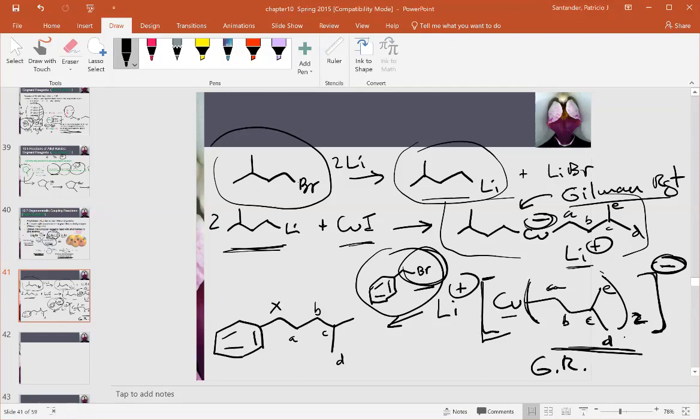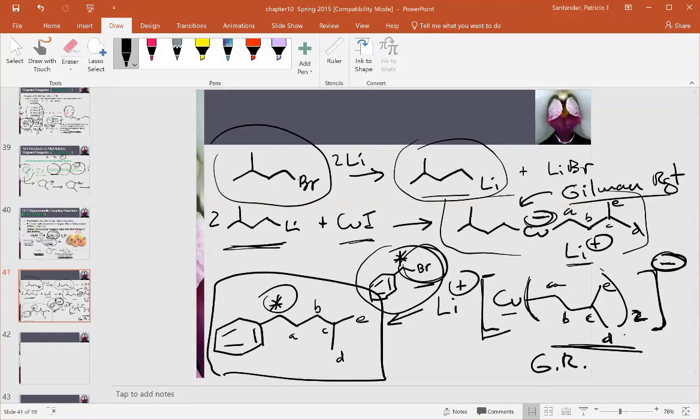And so here is this carbon atom with a star. That carbon atom was in the original benzyl bromide. That is still there, right? And then now I attach A, B, C, D, E, and that will be my final product. So that is pretty cool, right? Because that is a much more complex looking molecule. And we were able to do that by using the methodology of a Gilman reaction.